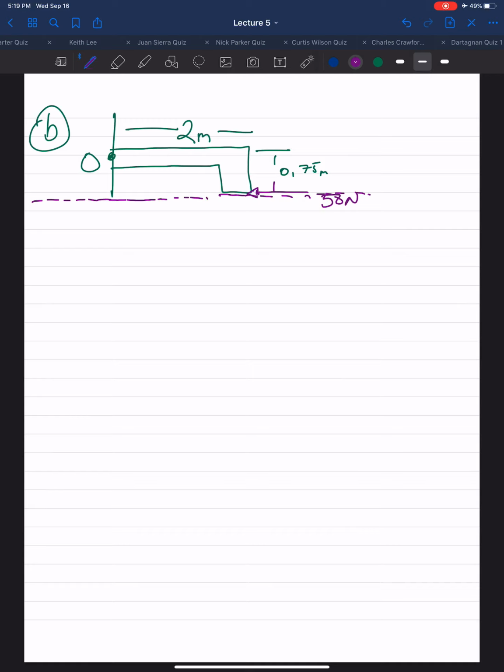No. If we extend that line of action from point O to here, the perpendicular distance is 0.75 meters. And remember, that's our perpendicular distance.